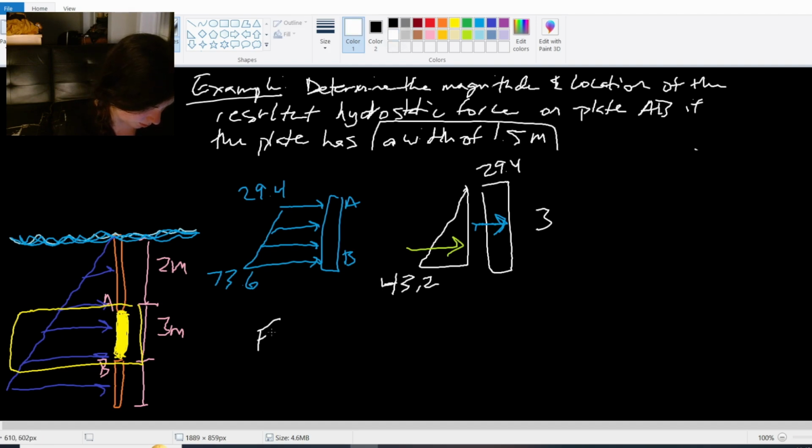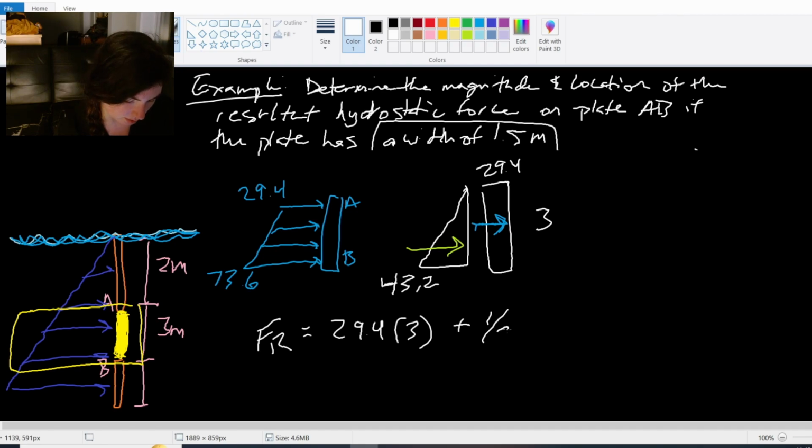And so my resultant force is going to be that 29.4 times 3, right? Just the area of that shape, plus the area of my other shape, 1/2 base times height, 1/2 times 44 times its base of 3.